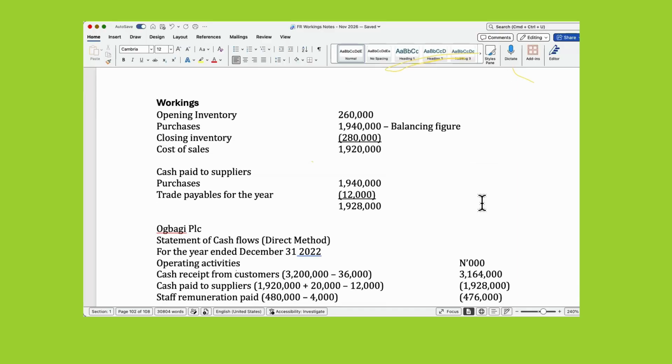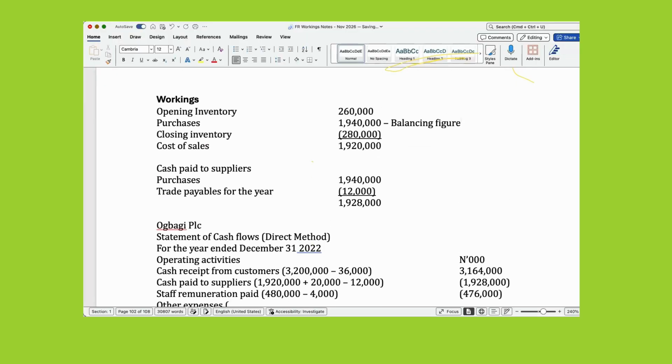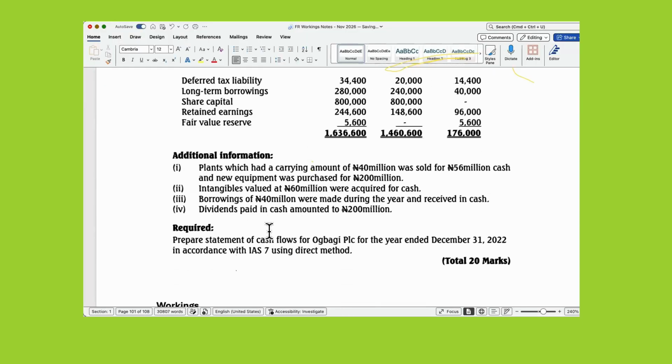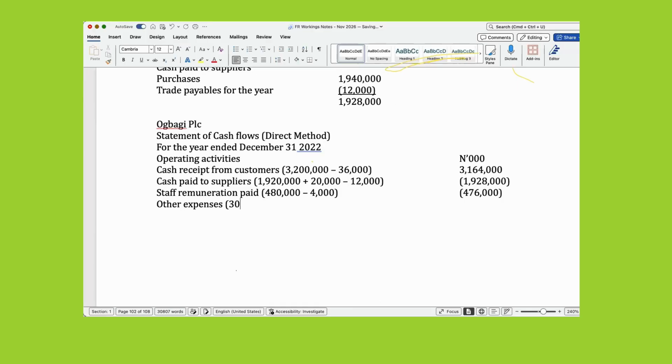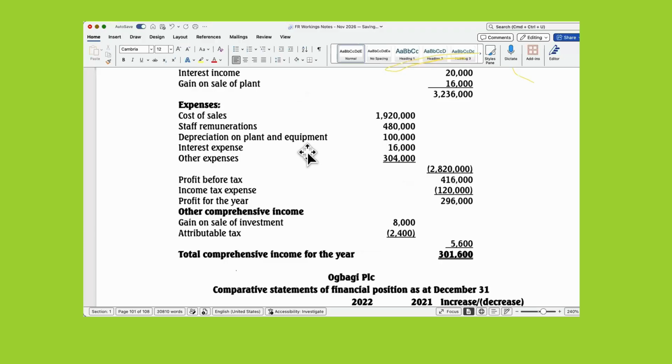So this 4.8, you are going to add it. So other expenses, how much was the expense for the year? 304,000 plus 4,800. How much is that? 308,800.